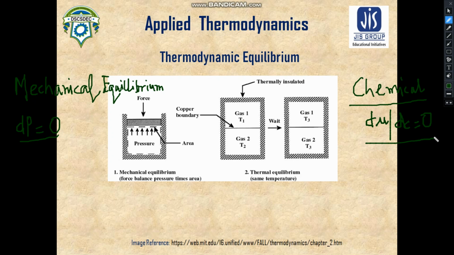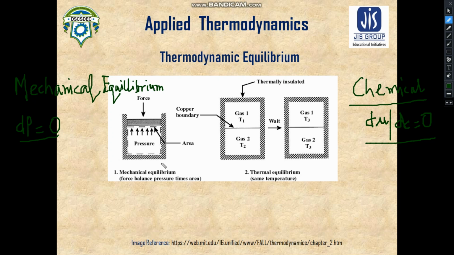That means there is no possibility of chemical reactions happening between the system and the surroundings whenever there is no difference in the mass concentrations. There is no chance of any kind of chemical reaction happening between the system and the surroundings. No mass transfer is also possible here.